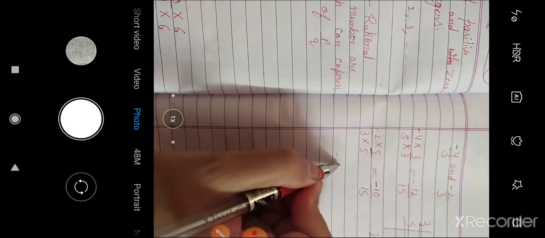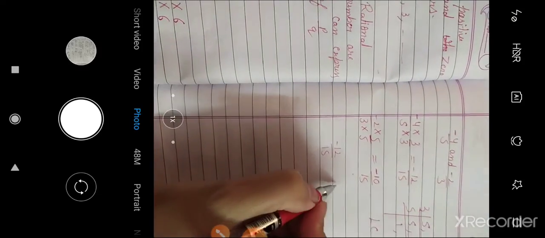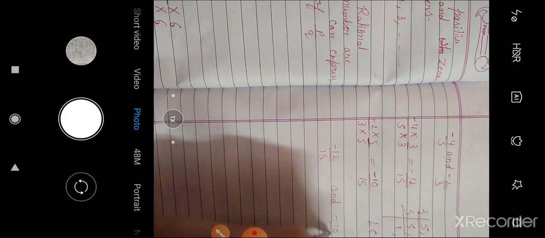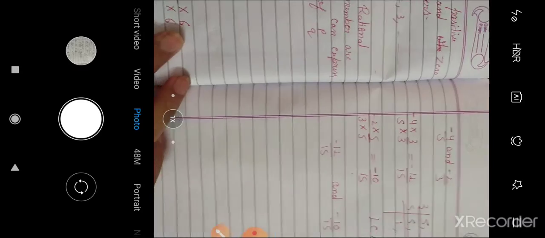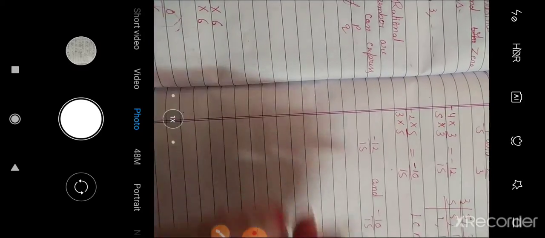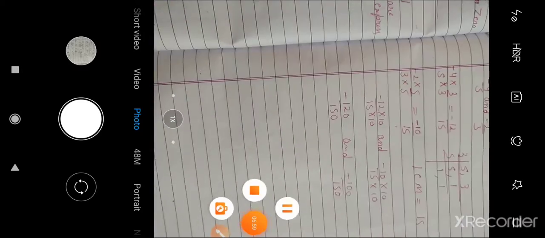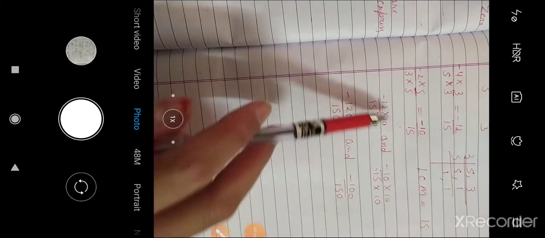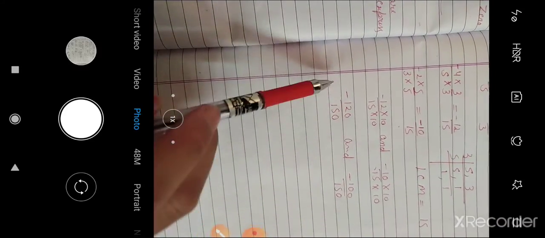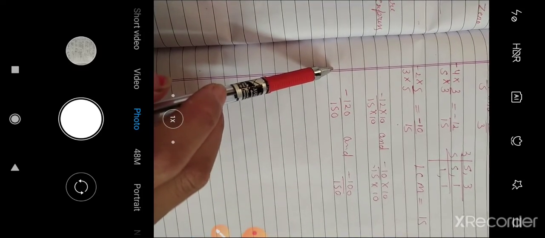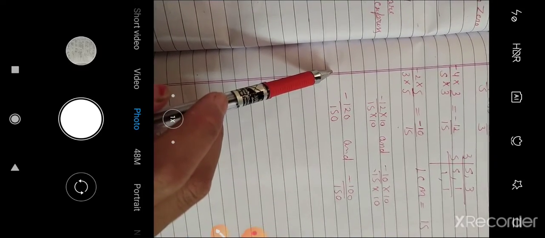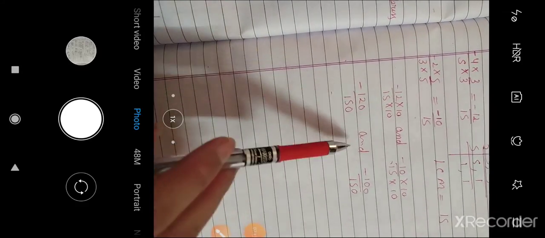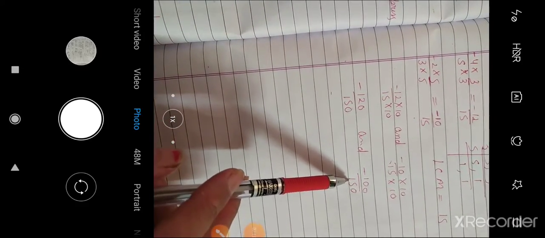In the next step, we will multiply these two rational numbers by any greater number of your choice, so that we can obtain 5 rational numbers between them. So here I am going to multiply both the rational numbers by 10. After multiplying both the numerator and denominator of both the numbers by 10, we have minus 120 upon 150 and minus 100 upon 150.